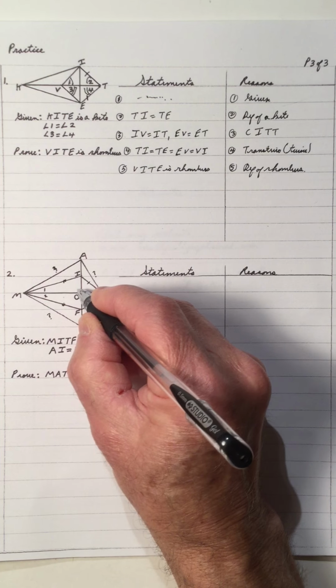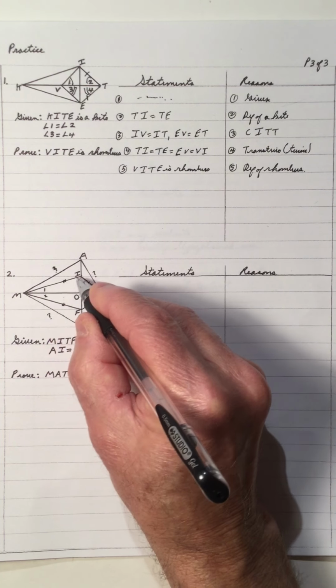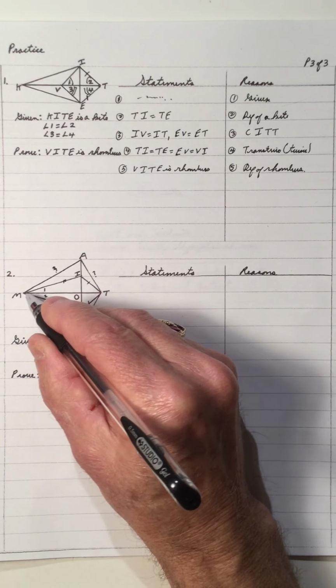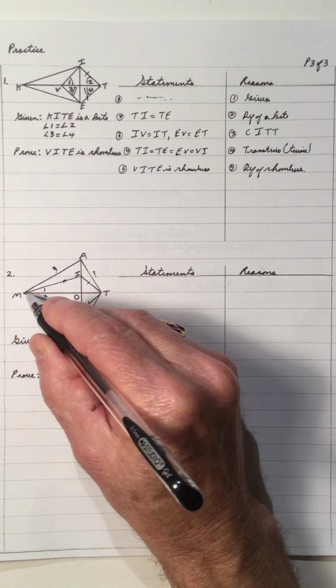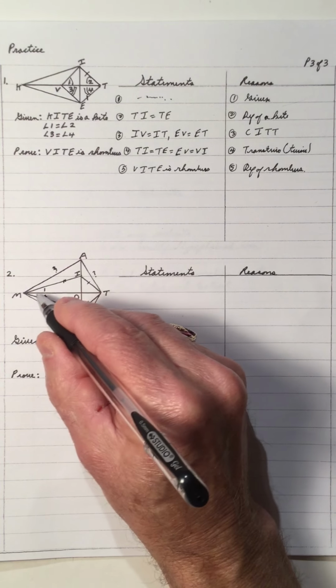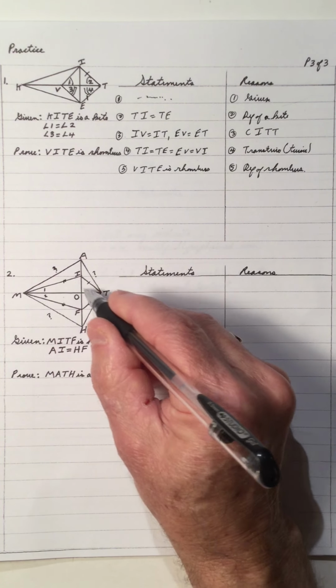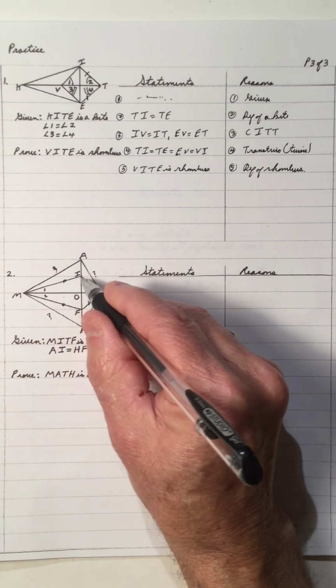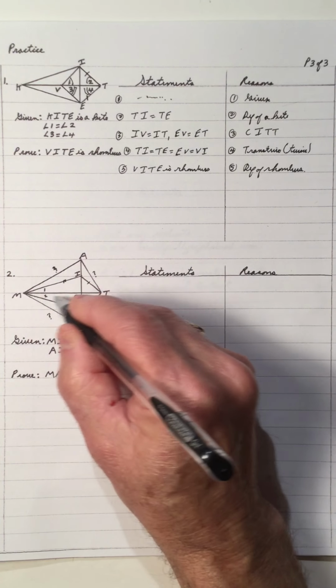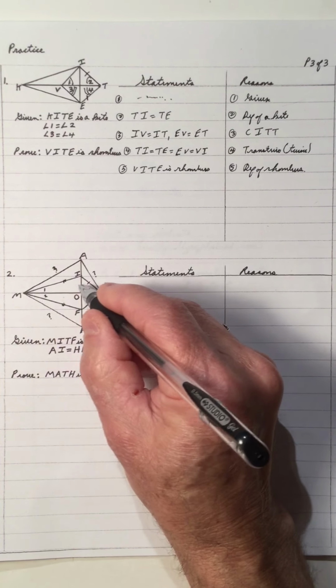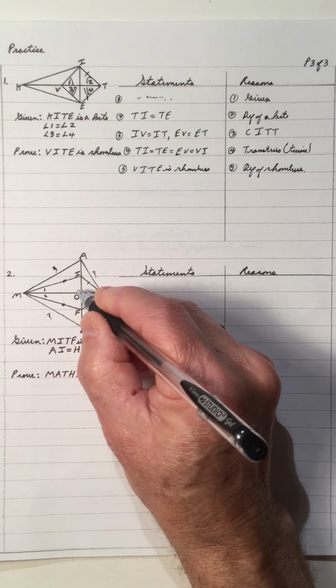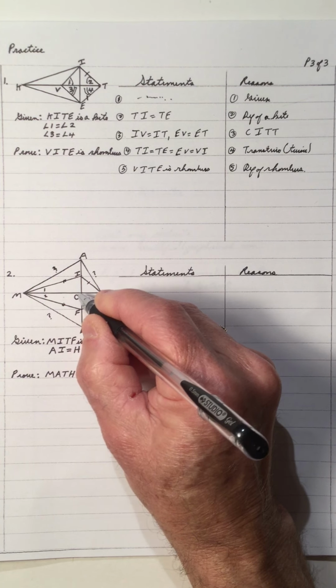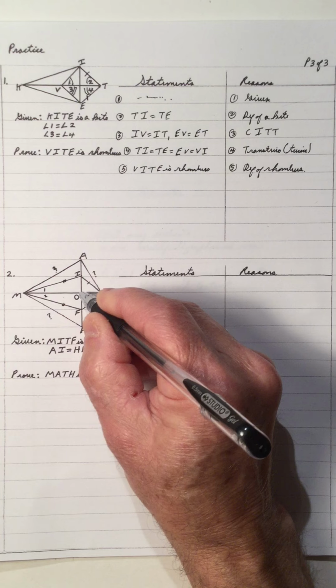Okay, that's one way I can get IMO and FMO congruent. Or I can say that because MT is the long diagonal of this kite MITF, it is perpendicular and bisects.